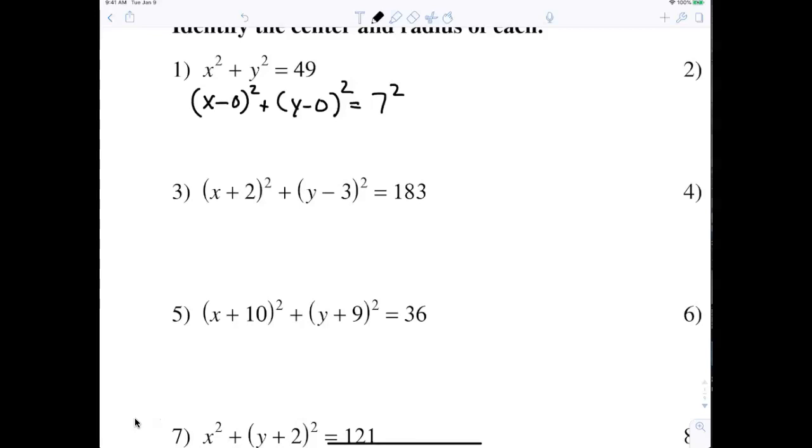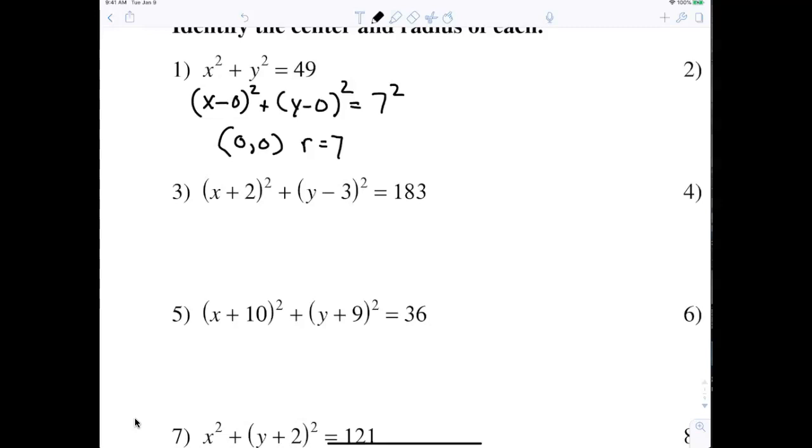Since there's nothing after the x and nothing after the y, the center is 0, 0, and the radius, of course, is 7. Simple as that. Anybody have any questions? If you know the standard form, it's very, very simple.